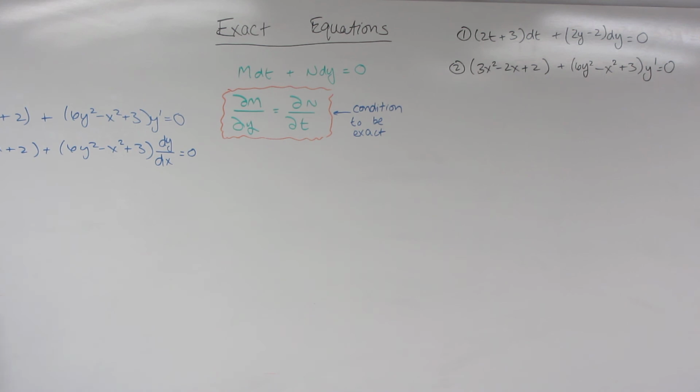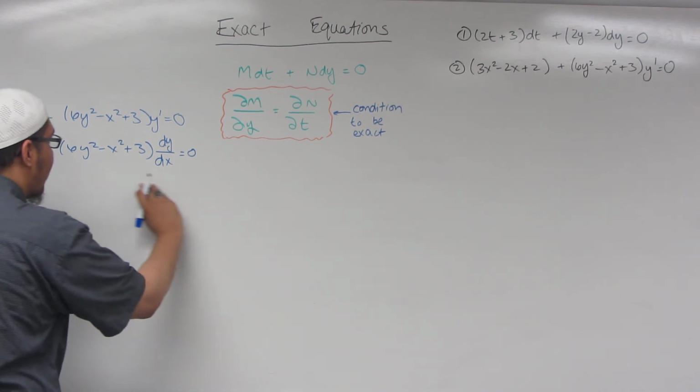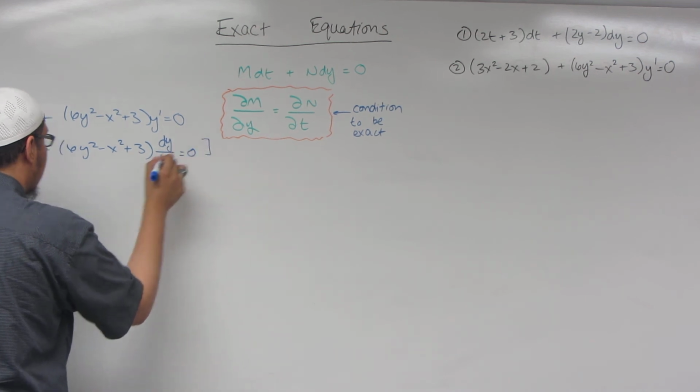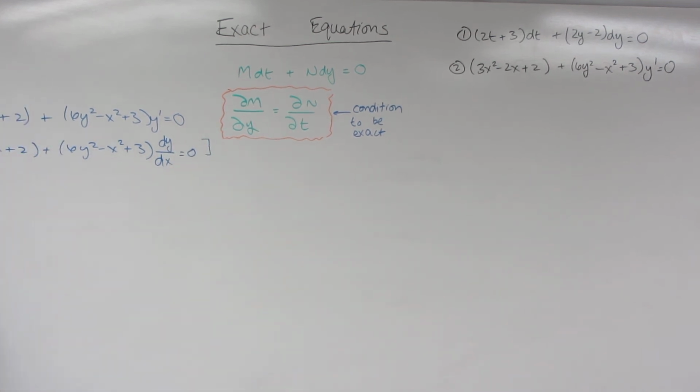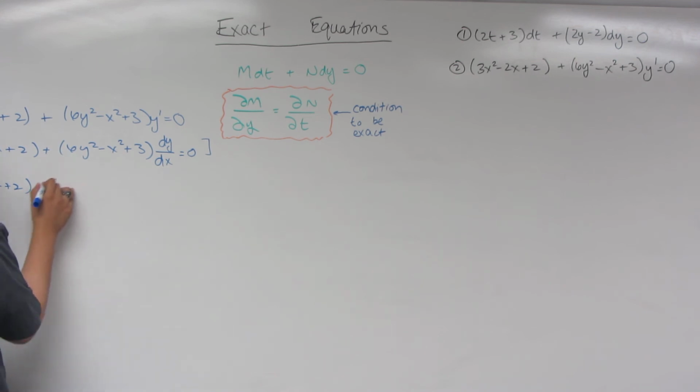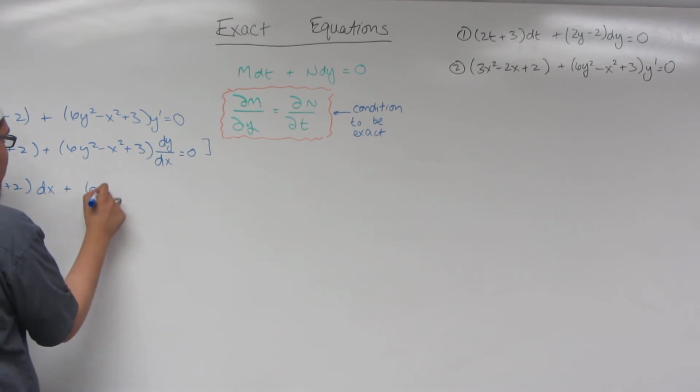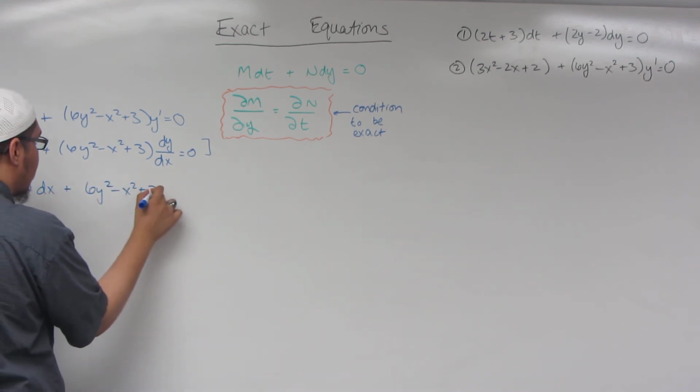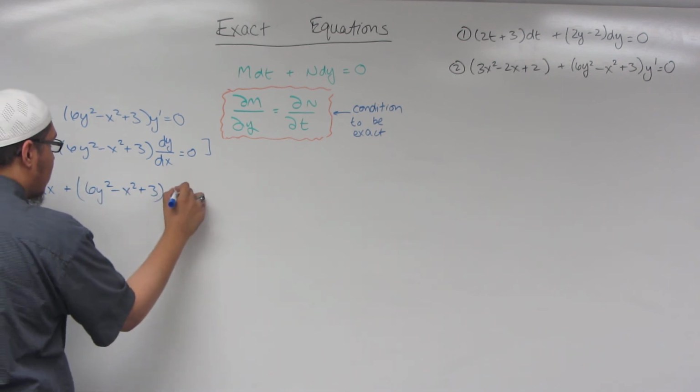Now, next thing, if we were to multiply through by a dx, in other words, with the entire expression, then we would end up getting 3x squared minus 2x plus 2 dx plus 6y squared minus x squared plus 3 dy.